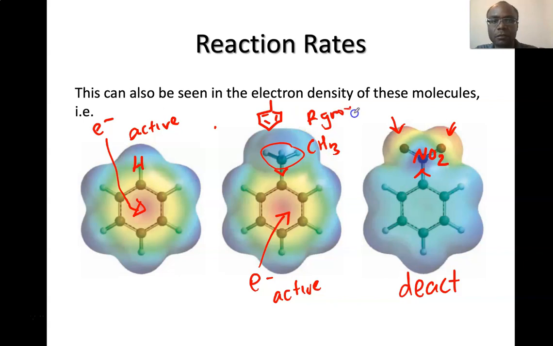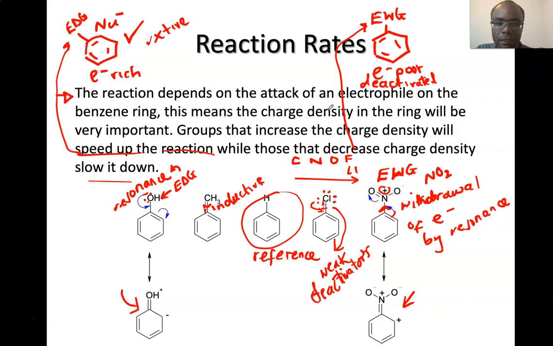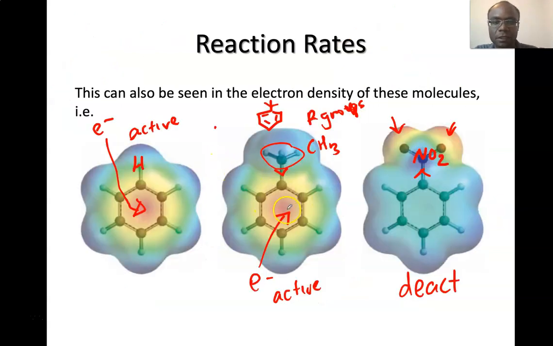R groups are ring activators because they donate by inductive effect. They donate through bond. That's inductive effect, as I explained right here. This cartoon here shows you that you do have electron density at the ring. So this ring can play the role of a nucleophile. This can easily play the role of a nucleophile. This one would struggle to play the role of a nucleophile because there are fewer electrons inside it.